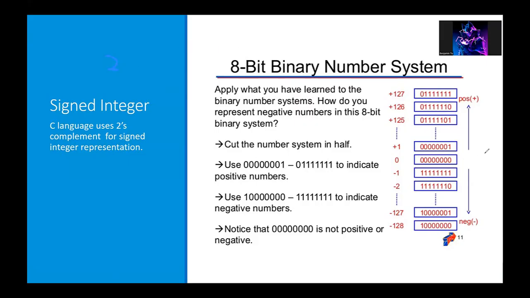In two's complement, you have 0, you go to 127. You have -1, that's 1111, and go to the negative. These are the negative numbers. We use the two's complement system.